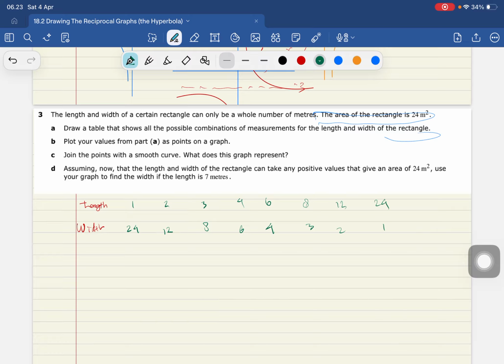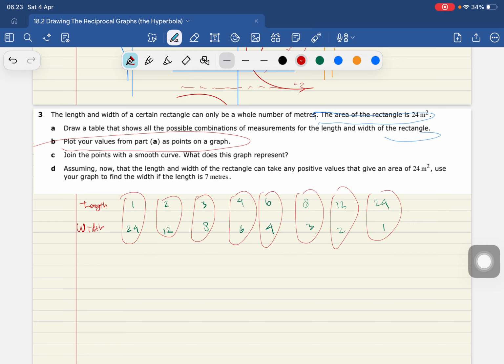How many possibilities do we have? Here we got 1, 2, 3, 4, 5, 6, 7, 8. 8 possibilities. So plot your values on the graph. Here it is. I'll just screenshot.